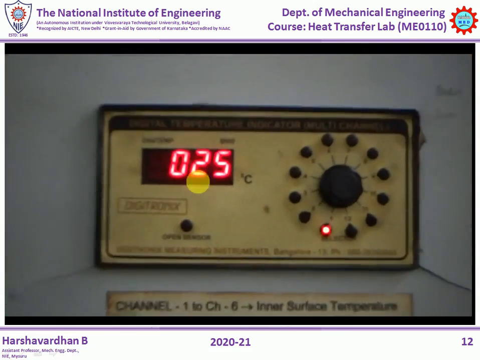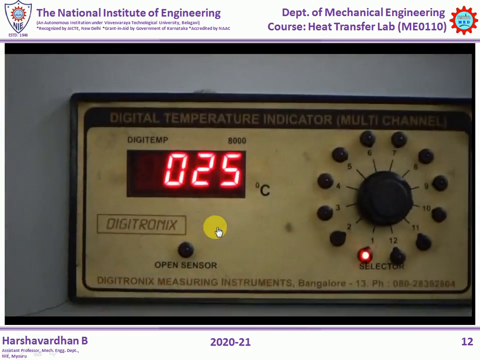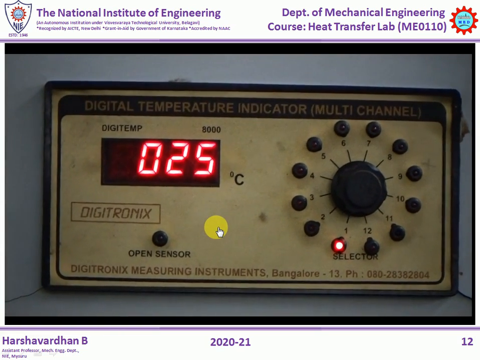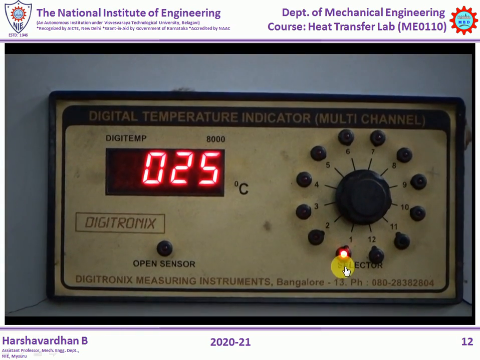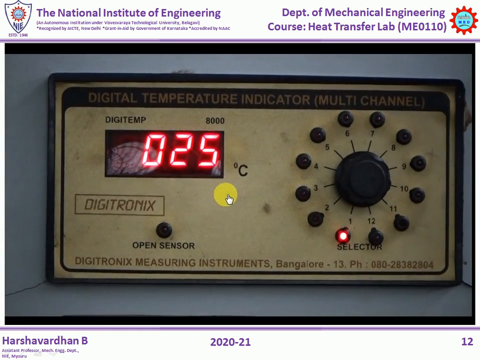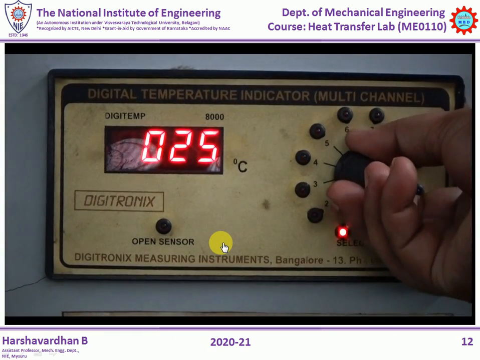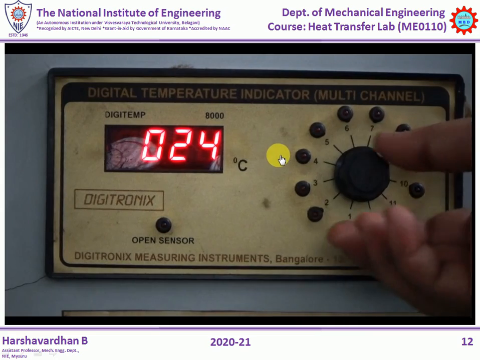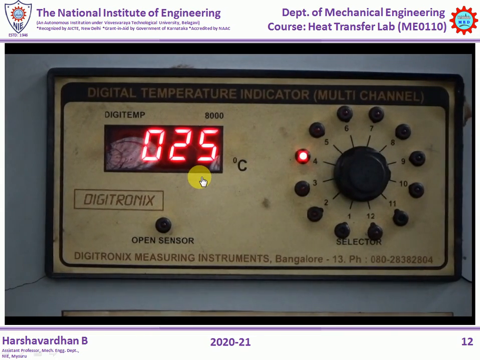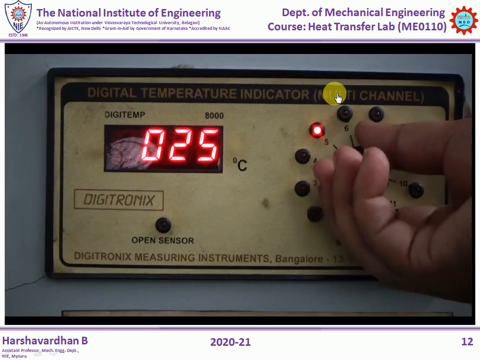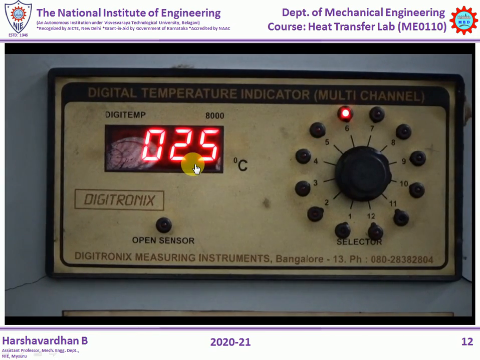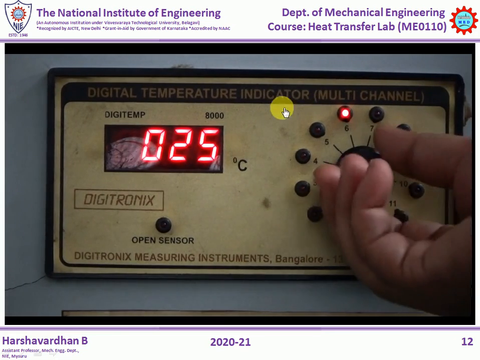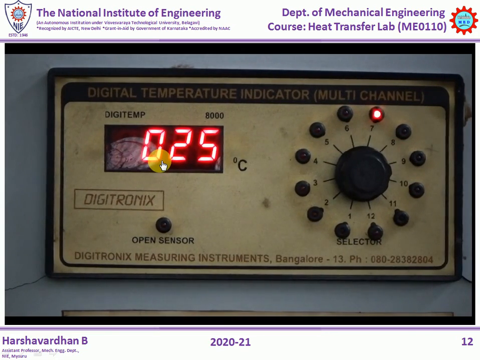Now you can see the thermocouple 1 reading in the temperature indicator. Right now T1 is 25 degrees centigrade, which indicates the temperature of the inner sphere. T2 is at 24 degrees centigrade, T3 is at 24, T4 is at 25, T5 is at 25, and T6 is also at 25 degrees centigrade. The average of the first 6 thermocouples will tell us the inner sphere temperature.